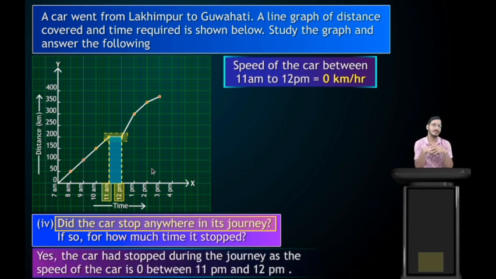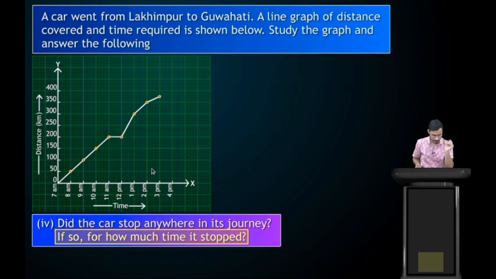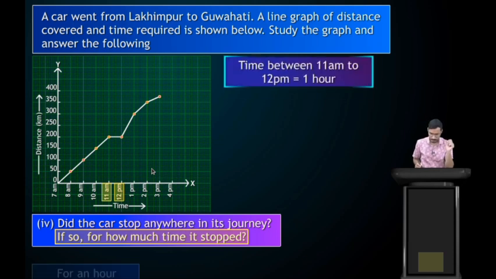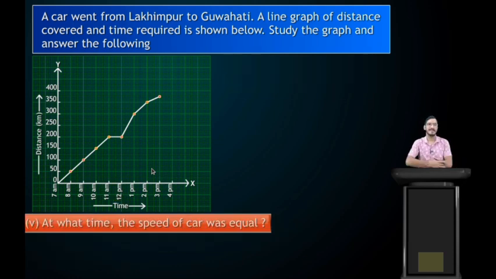That means yes, the car had stopped during the journey, as its speed is 0 between 11 a.m. to 12 p.m. How much time did it stop? So 1 hour. The difference between 12 and 11 is 1. So 1 hour.